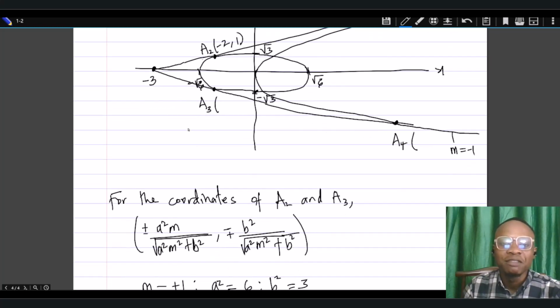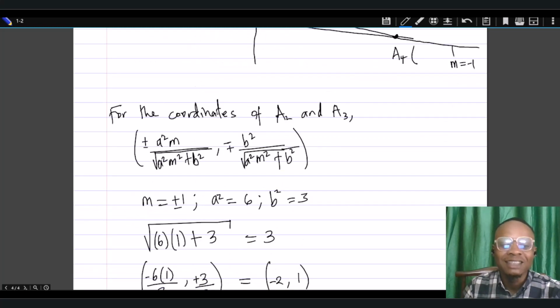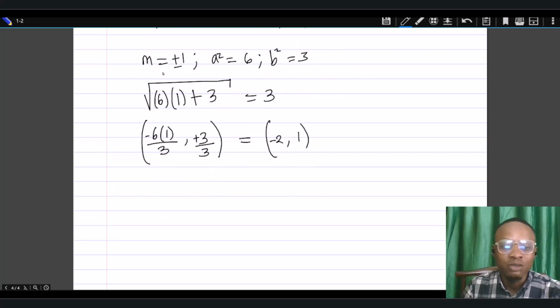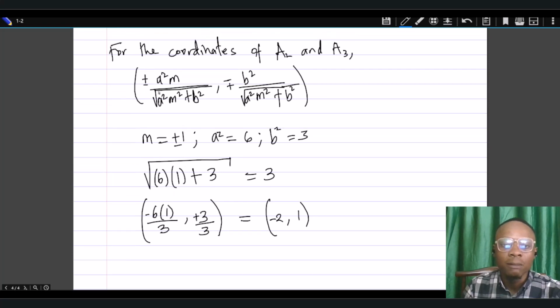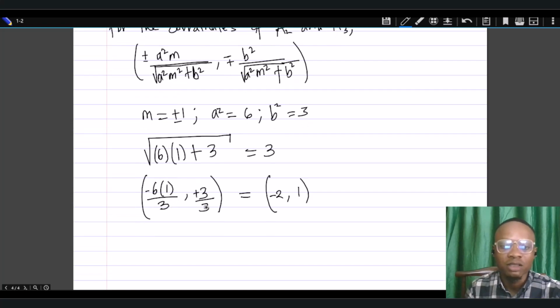And if you come here, as expected, when we put in minus 1, for instance, so let's say we ignore this sign for a moment, this will give us 6 into minus 1. So this will become the reverse of that. We're going to have that to be minus 2. Then 3 will just be 3 over 3, and that is going to be 1.